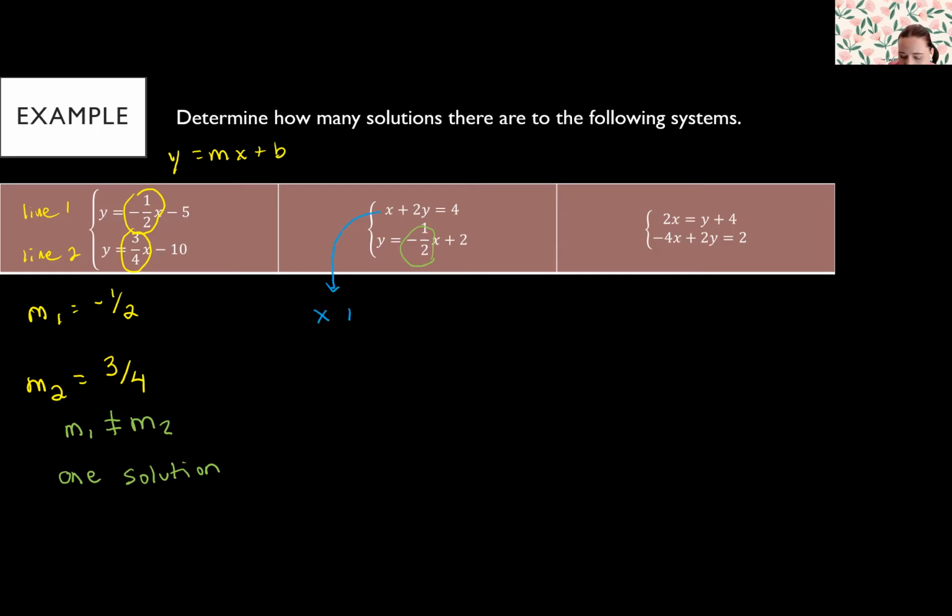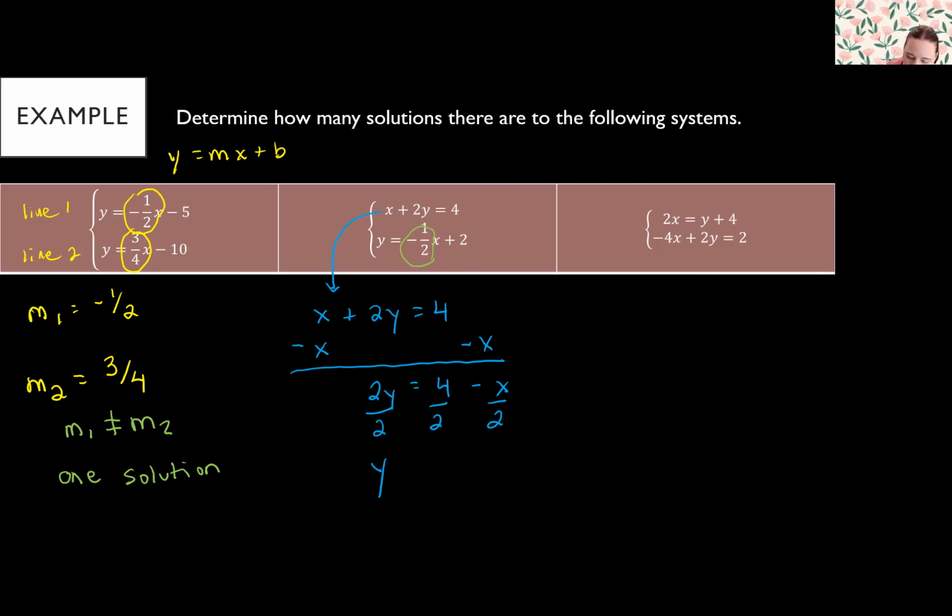So we have x plus 2y equals 4. To solve for y, I need to first subtract x from both sides, because I want to get the y by itself. So this gives us 2y equals 4 minus x. And then we're going to divide everything by 2.